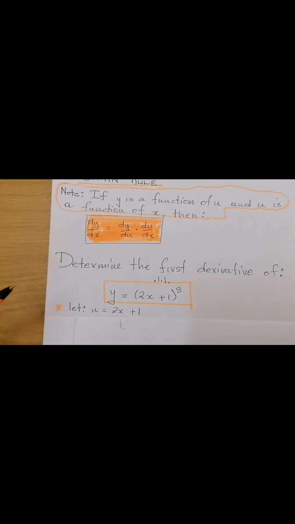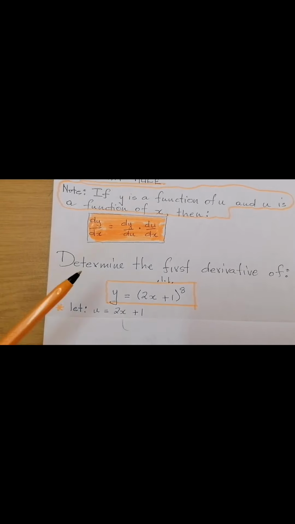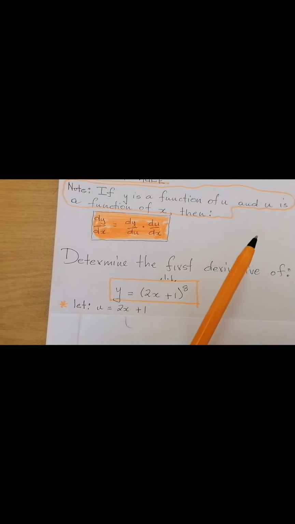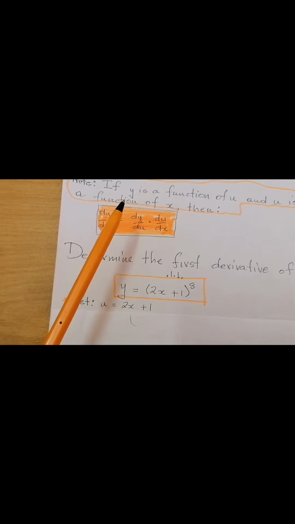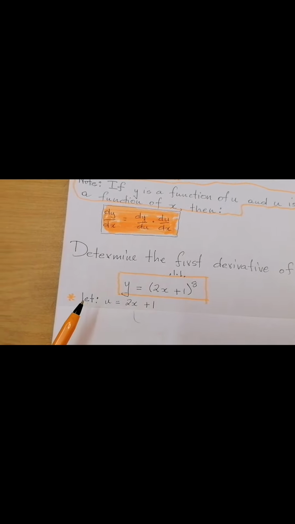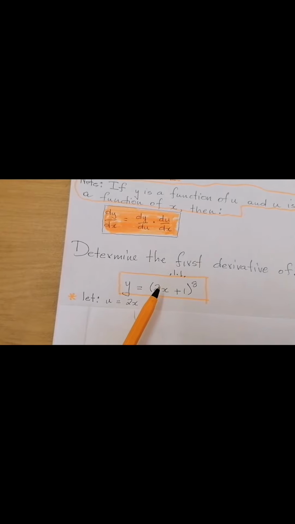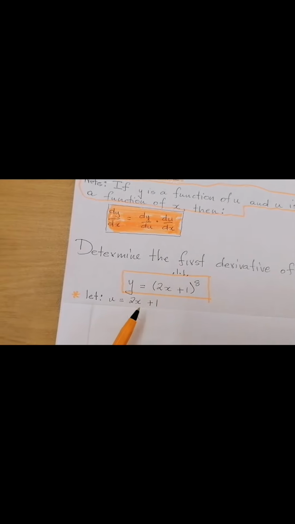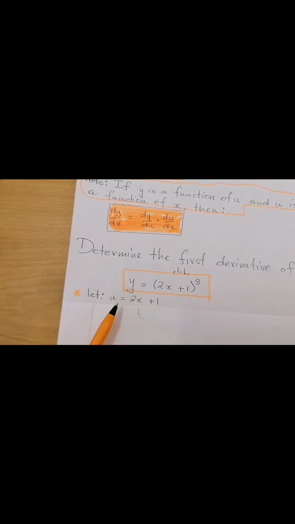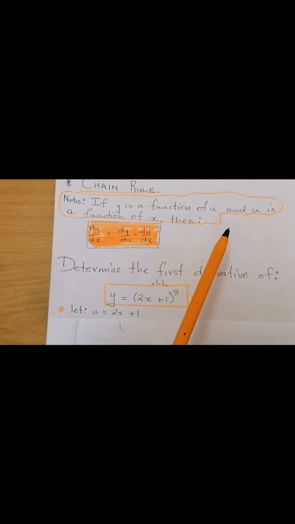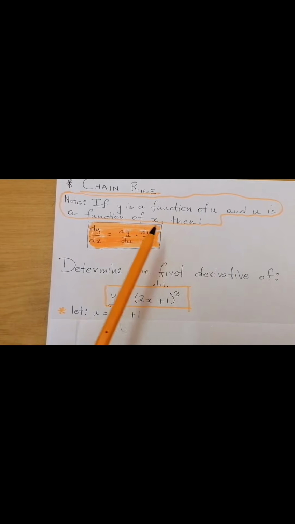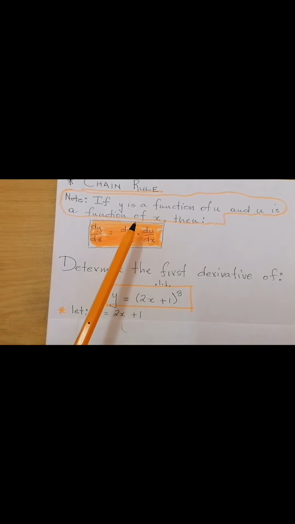What I did, I wrote u as a function of x. I said, let u be equal to 2x plus 1. That means u is a function of x, which is what we mean when we say u is a function of x, folks.